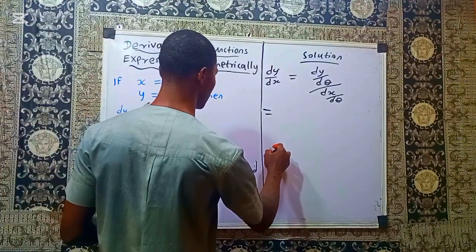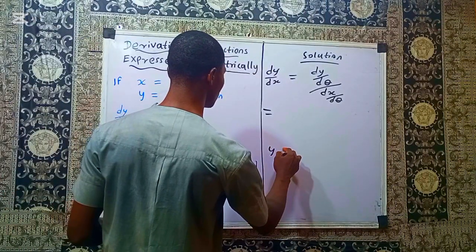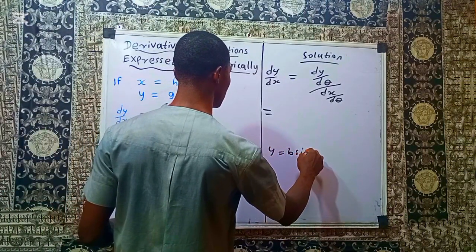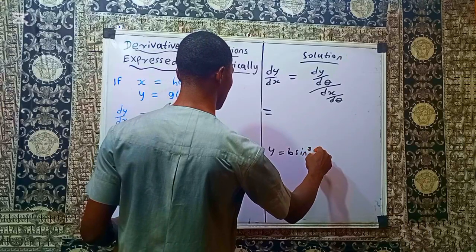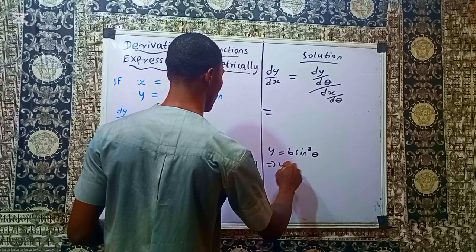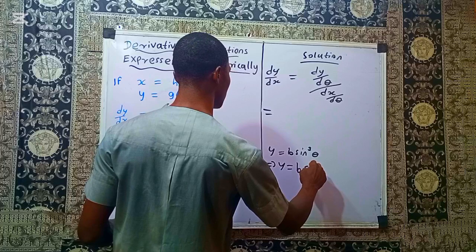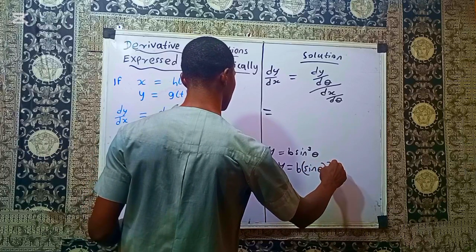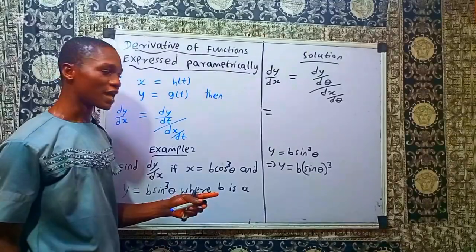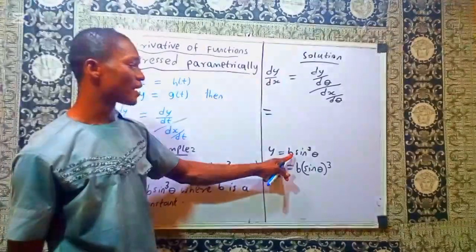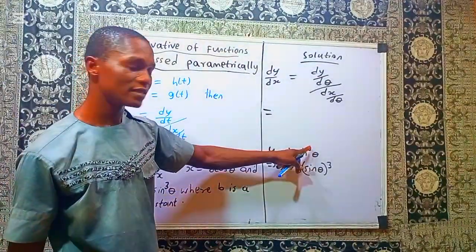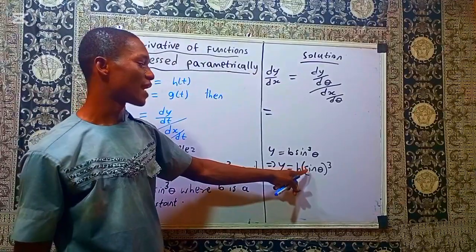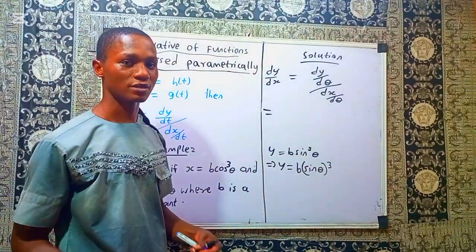But you know that y being equal to b sine raised to power 3 theta implies that y is equal to b times sine theta all raised to power 3. What I wrote down here is that sine raised to power 3 theta is the same thing as sine theta all raised to power 3.